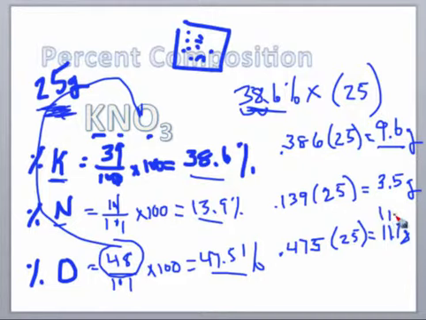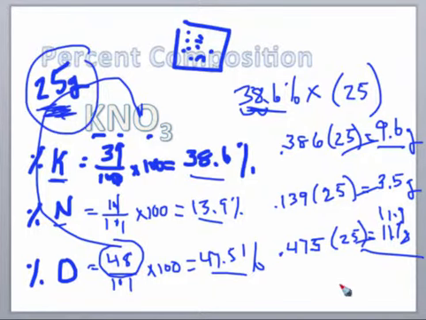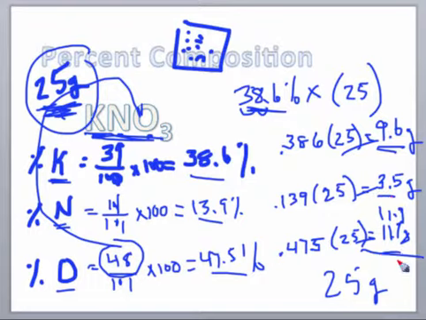Alright, so if you add up these 3 masses, then they should equal our original mass, which is 25 grams. So again, we have 25 grams of the original compound. By calculating our percent compositions, we can find out how many grams of each element in the compound we have.